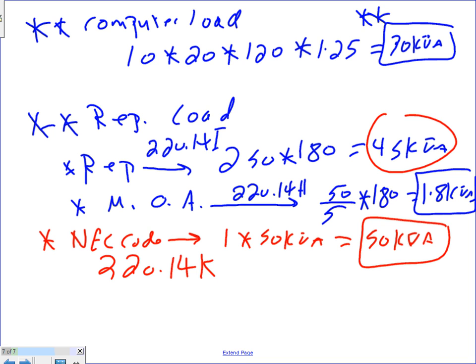So in reality you're going to add these and derate, but I know just by looking at it that 50K is larger than both of them. So I don't need to do the derating. So what's the step I'm going to carry from this? 50K.